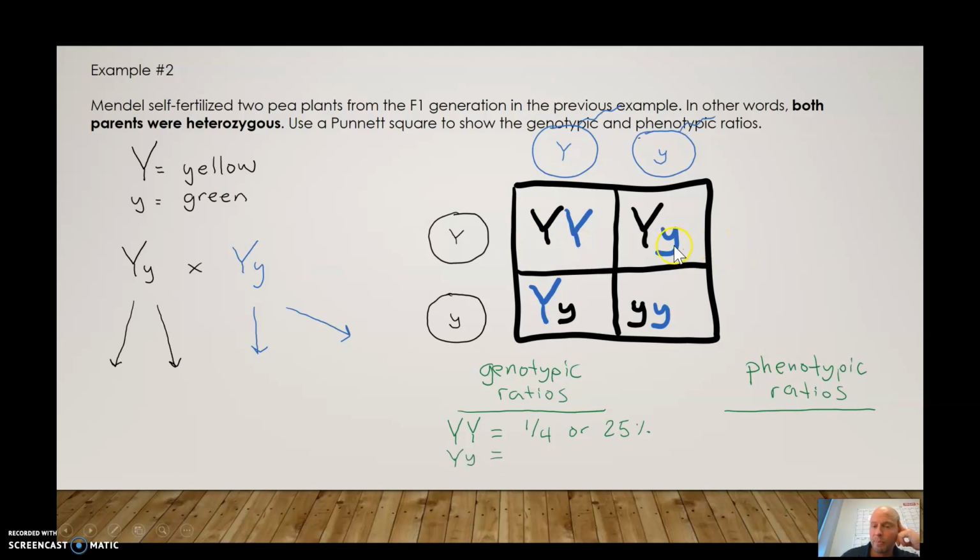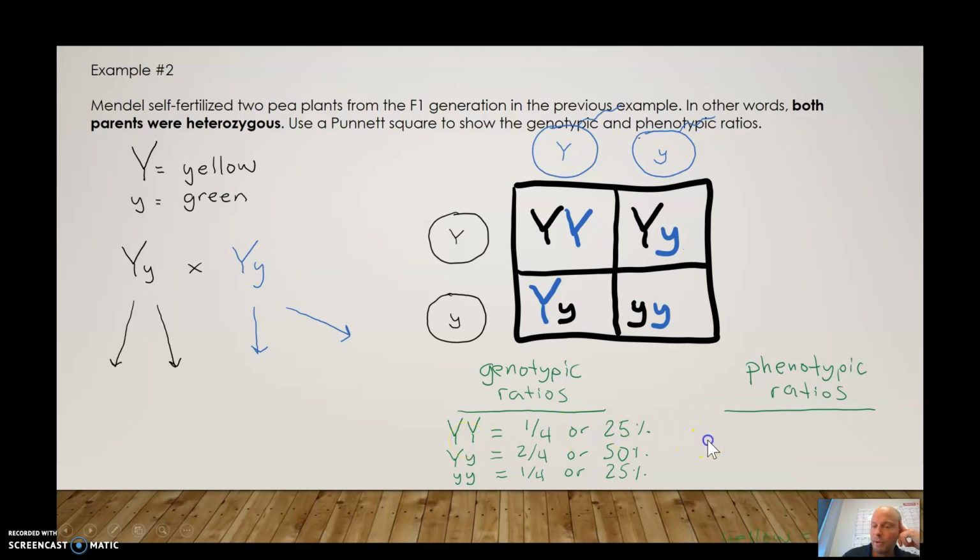The other genotype is heterozygous, big Y, little y, and it occurs 50% because there's 2 out of 4 boxes that have that genotype. And then lastly, we have little y, little y, and that genotype occurs 1 out of 4, or 25%. Okay? Remember, genotypes are the combination of alleles. It's the letters that we're looking at there.